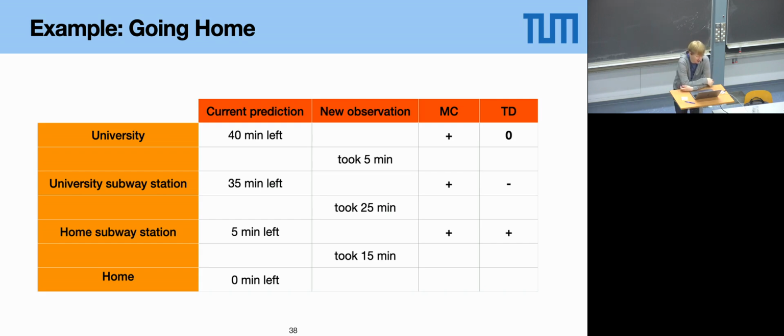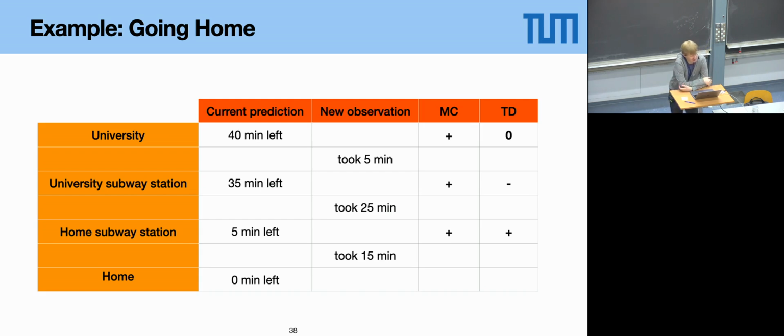And you have these different stations here, like the university subway station, the home subway station, and then home. And then you have these observations of how long the different steps actually took. And we want to process this information now. These observations correspond to what earlier were the rewards. Let's go through it.